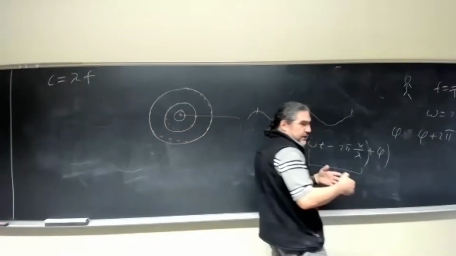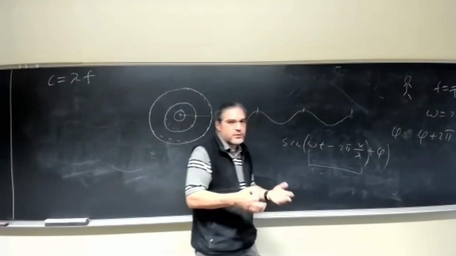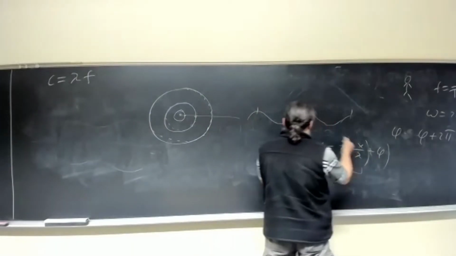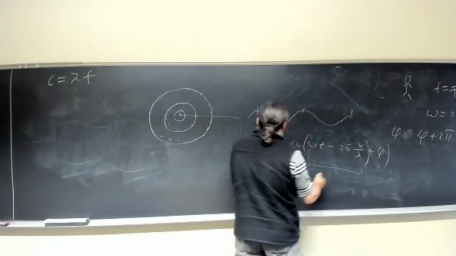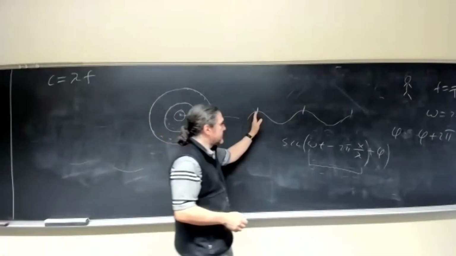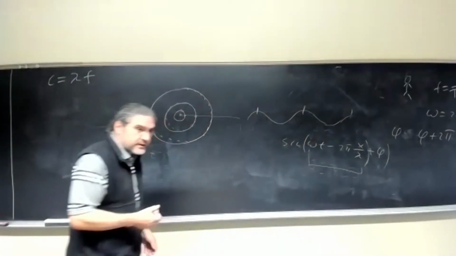If you take the definition up to 2 pi, mathematicians call it modulo 2 pi, then the argument of the sine at this point is exactly the same. They are distinguished only by 2 pi, so it's exactly the same argument, right?